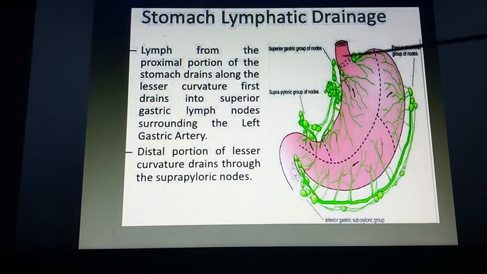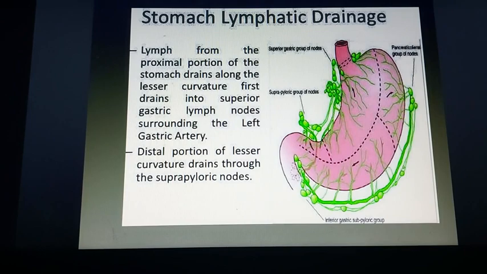Coming to the distal portion of the lesser curvature, it drains into the suprapyloric group of lymph nodes. So the proximal part of the lesser curvature drains into superior gastric lymph nodes, and the distal part drains into the suprapyloric group of lymph nodes.